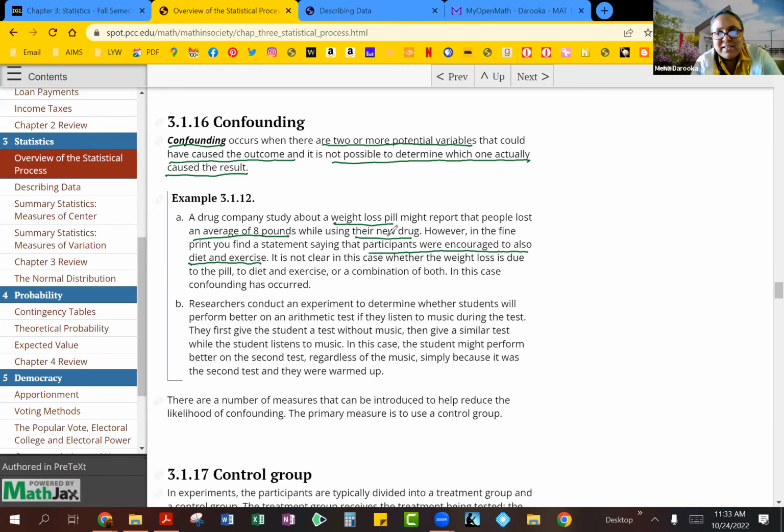So it is not clear, did the weight loss happen because of the pill? Did it happen because they were also doing diet and exercise? Or both pills and diet and exercise. So in this case, again, we would say confounding has occurred, right? Because which aspect of this study actually caused the weight loss to happen?